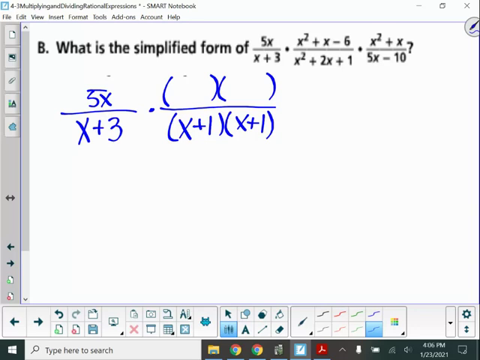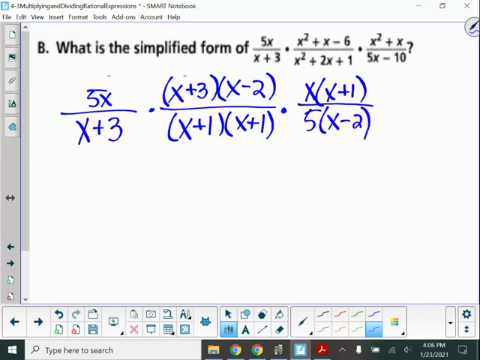On the top, I have my x, and I'm looking for factors of -6 that add to make 1. So that's going to be plus 3 minus 2. And then the last fraction on top has a greatest common factor, that's an x. And on the bottom, I can take out a 5.